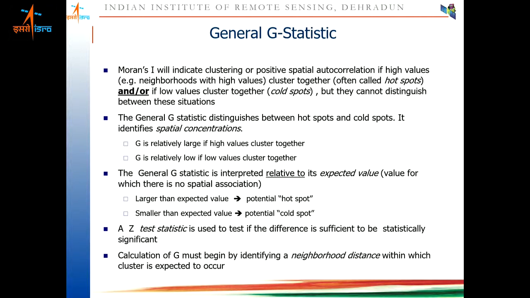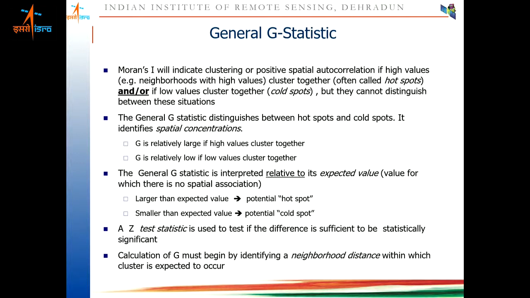But Moran I index is not telling you whether there is a cluster of high values or a cluster of low values, which means it is not telling you whether there is a hot spot or cold spot. Hot spot is for a cluster of high values, and cold spot is for a cluster of low values: when low values are clustered it is known as a cold spot, and when high values are clustered it is known as a hot spot.